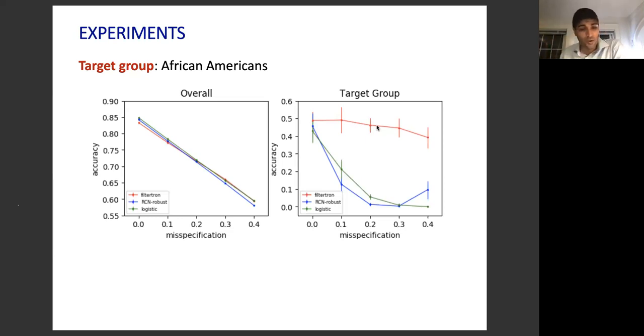The larger your noise rate, the worse your overall accuracy. Makes sense. That's true for all of these three algorithms. But now when you look at the target group specifically, where I emphasize no noise has been added, things like RCN and logistic regression do catastrophically badly.